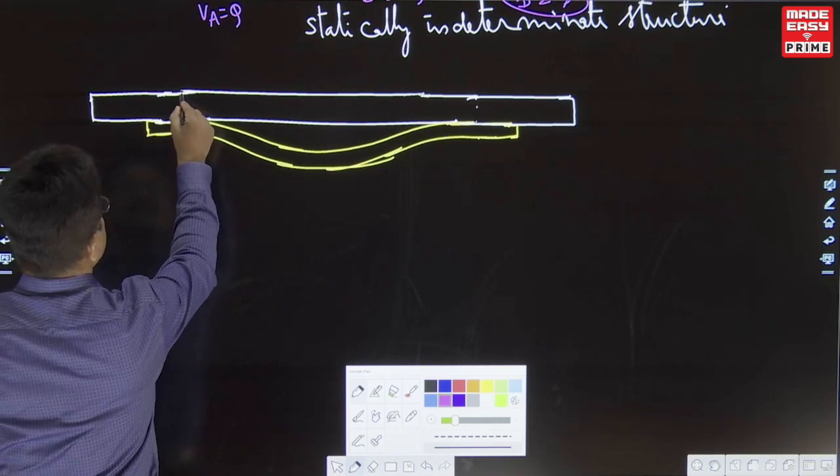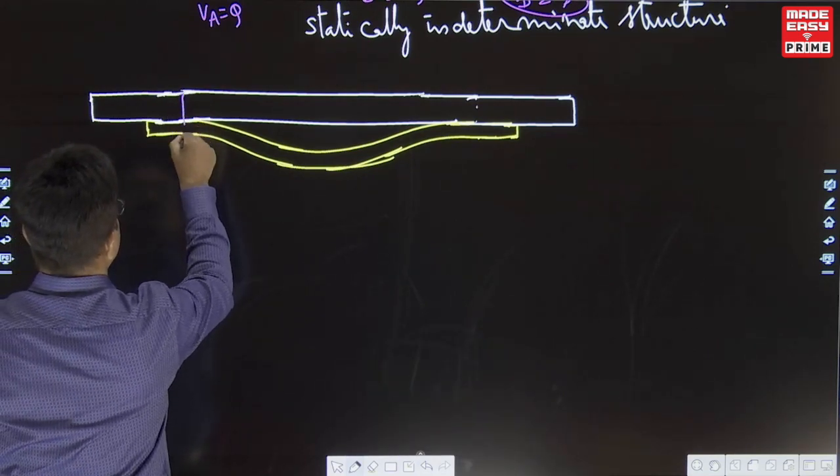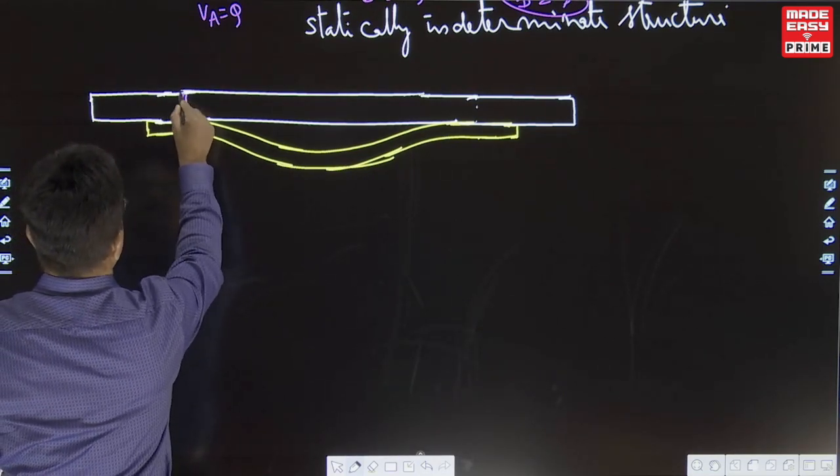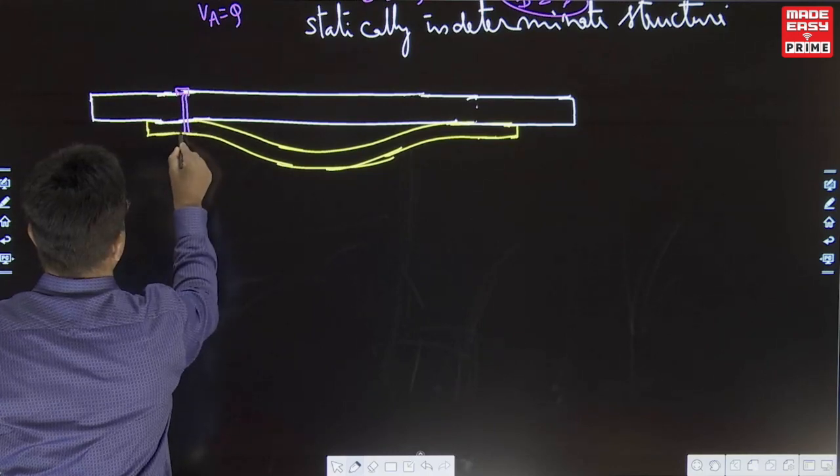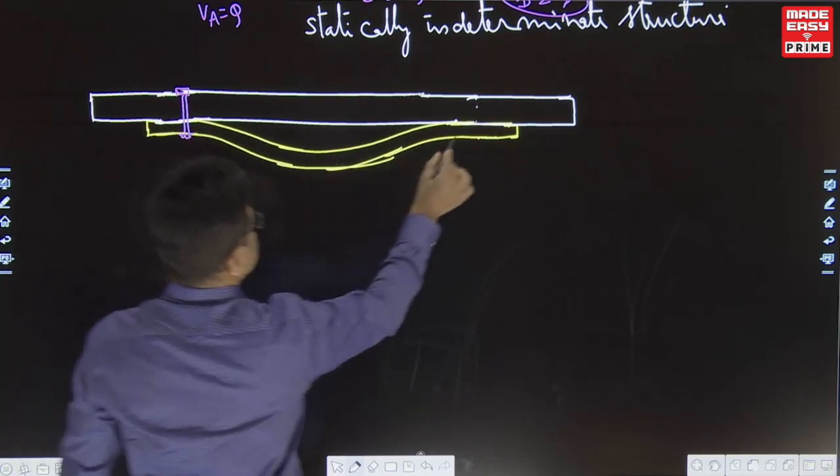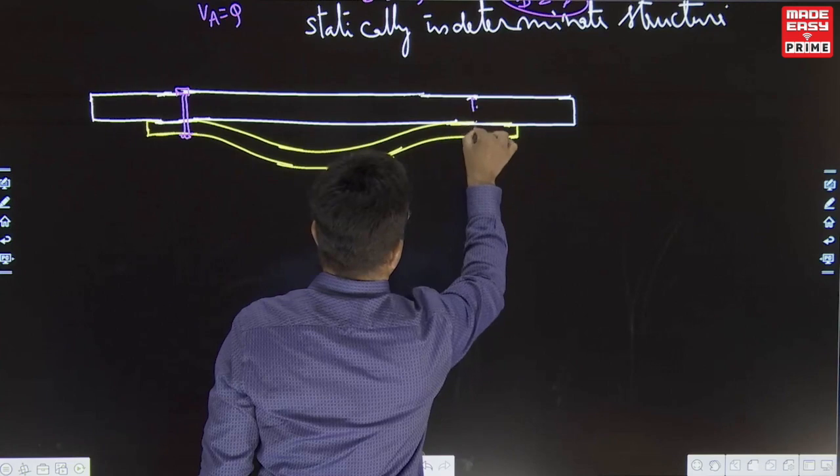Now assume that there is a bolt here. Here also there is a bolt.